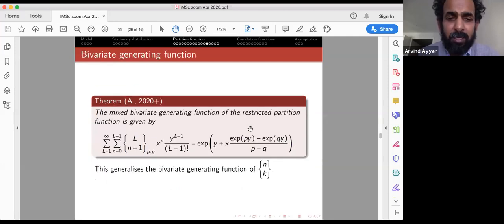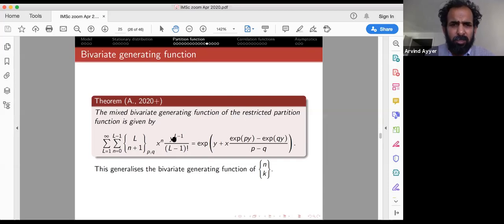And here is the generalization of the mixed bivariate generating function of the Stirling numbers. Again, this is a double exponential form. So it's e to the, so here I have taken this restricted partition function. It's ordinary in the n variable, the number of particles, and exponential in the number of sites.